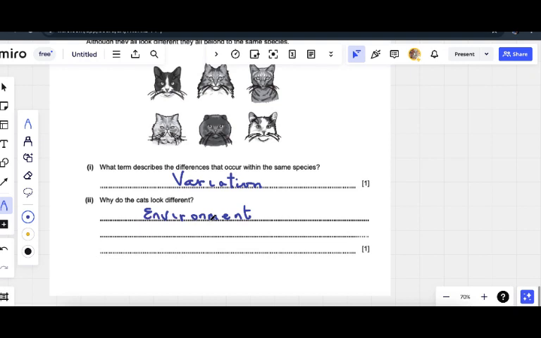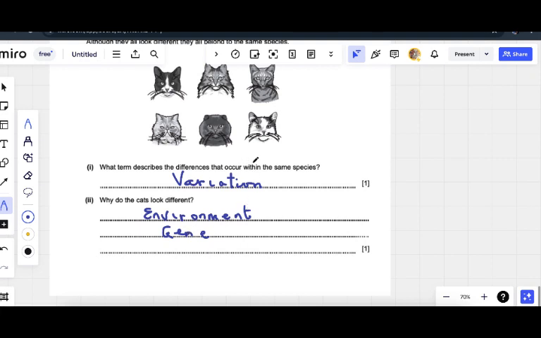Now, the other thing that makes things look different is their what? The biological factor, which is their DNA, their gene. Even though they are the same species, they're from different parents. So probably they will look different.